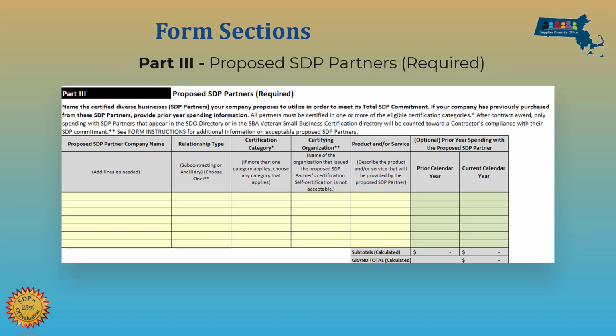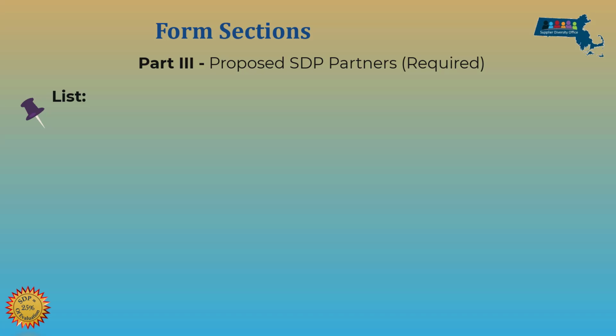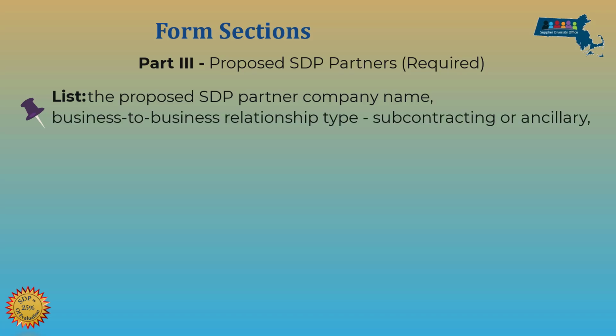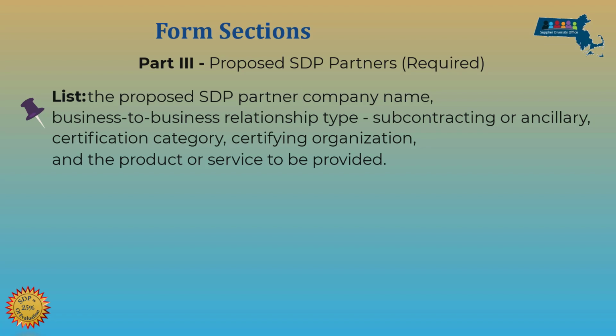Section 3 of the SDP plan form requires you to name one or more SDP partners. For each partner, list the company name, the business-to-business relationship type, whether it's subcontracting or ancillary, the partner's certification category, the organization that certified the partner, for example, the Supplier Diversity Office, and the product or service you expect to purchase.